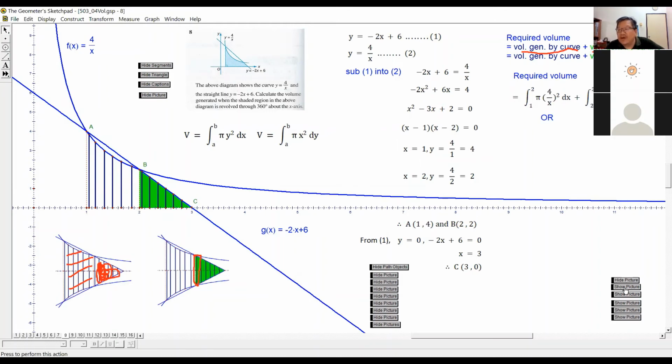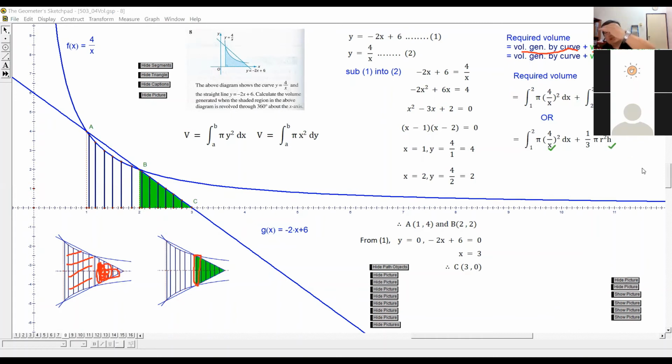Oh, this is quite difficult because you want to integrate this again and substitute numbers again. So I tell you, you can always integrate by y squared dx with the y which comes from the curve. Then instead of integrating the straight line, I just use the formula for the cone.